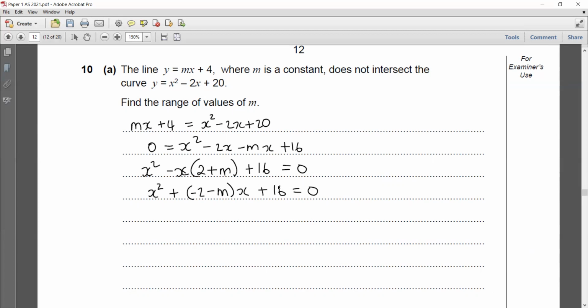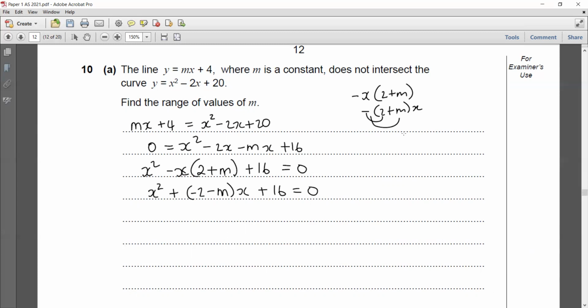Okay, so that might have been a little bit confusing, but this negative here, I just leave it there. And then this x, I put it over here. That's basically all I did. And then you can multiply the negative inside like that. So I have negative x times 2 plus m. This is the same as negative 2 plus m, and then the x, and then multiplying it inside.